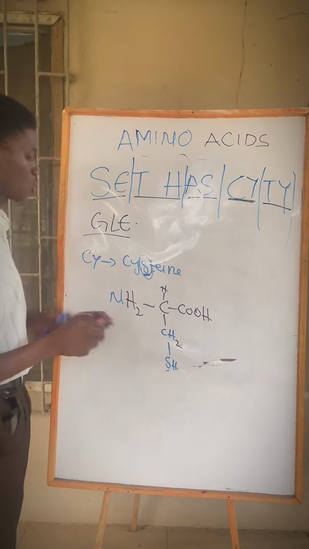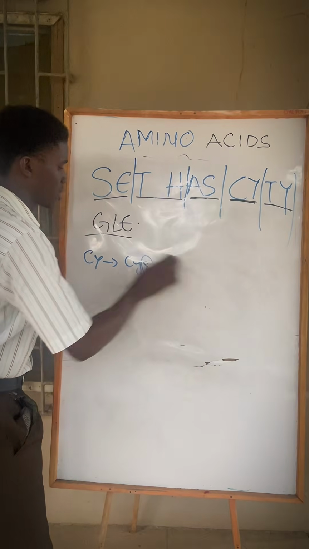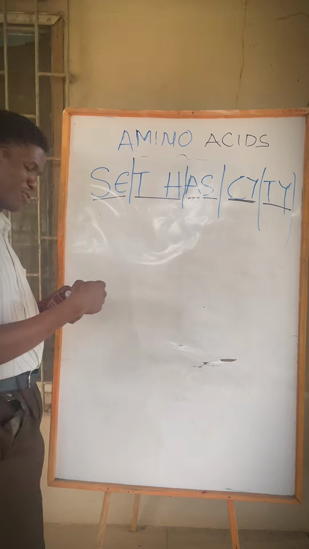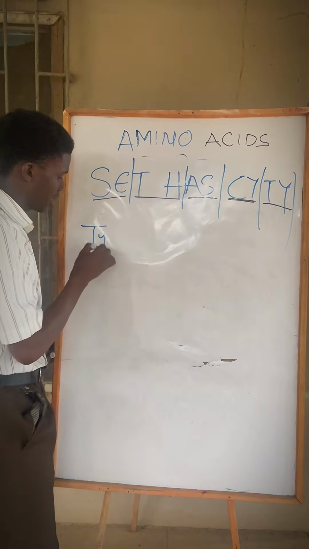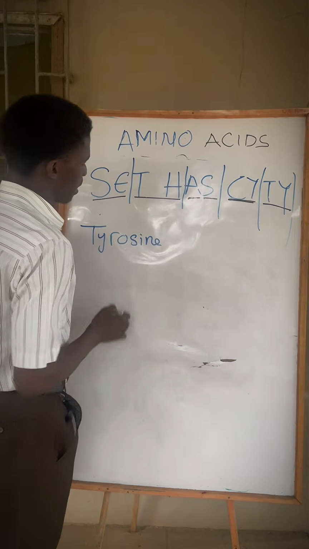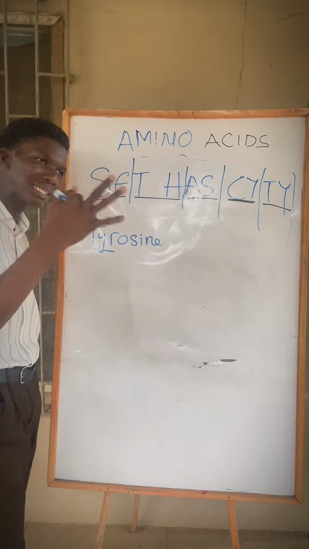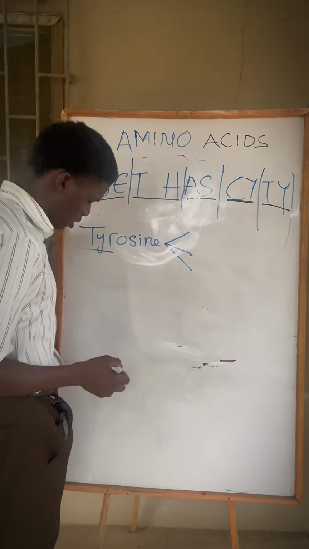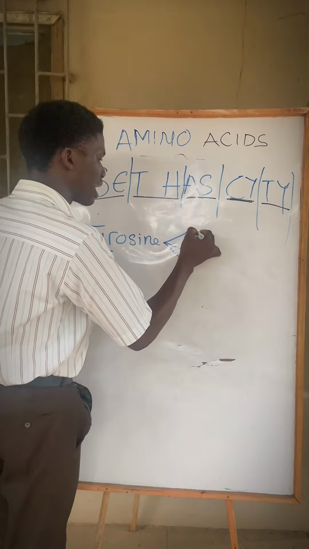The next structure, after cysteine, is tyrosine. Just look at this. How do you spell tyr? This is telling us that we have 3 things here. Please don't sleep on it. The first one is always alanine.